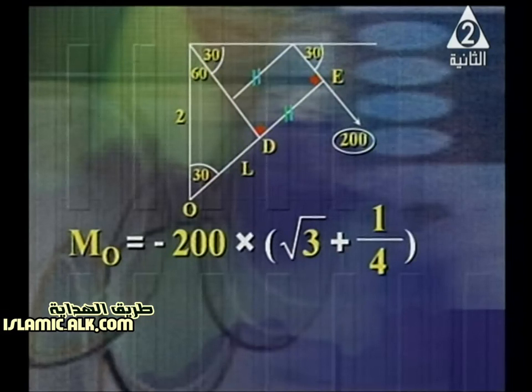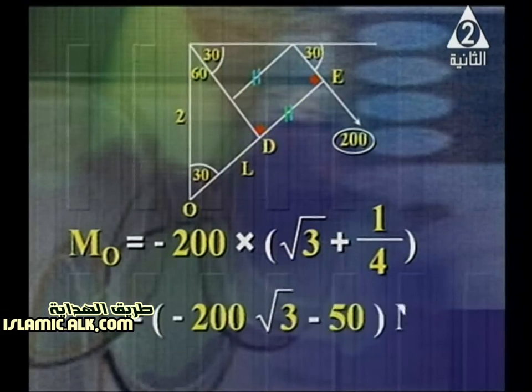In this case, we multiply: MO equals negative 200 times (root 3 plus quarter), same answer, negative 200 root 3 minus 50 Newton meter. This is another solution to the previous example.